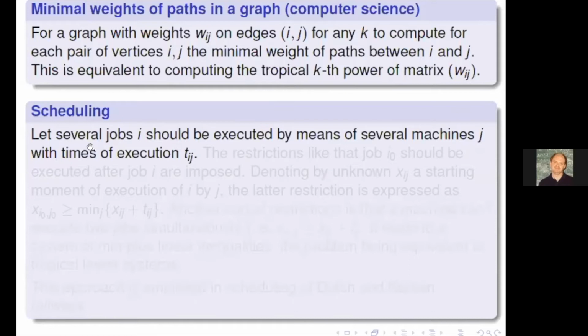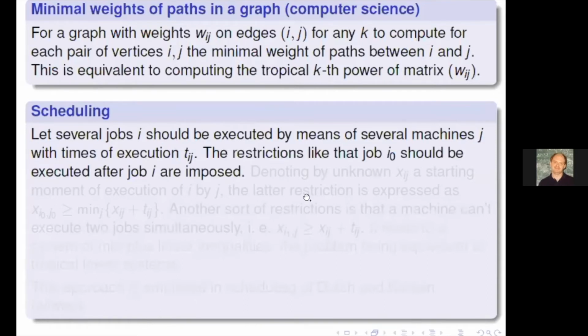So the problem is the following. You have several jobs i and several machines j, and they have the times of the execution of this job by the corresponding machine. And there are some restrictions, like the following, that some job i0 should be executed after job i.